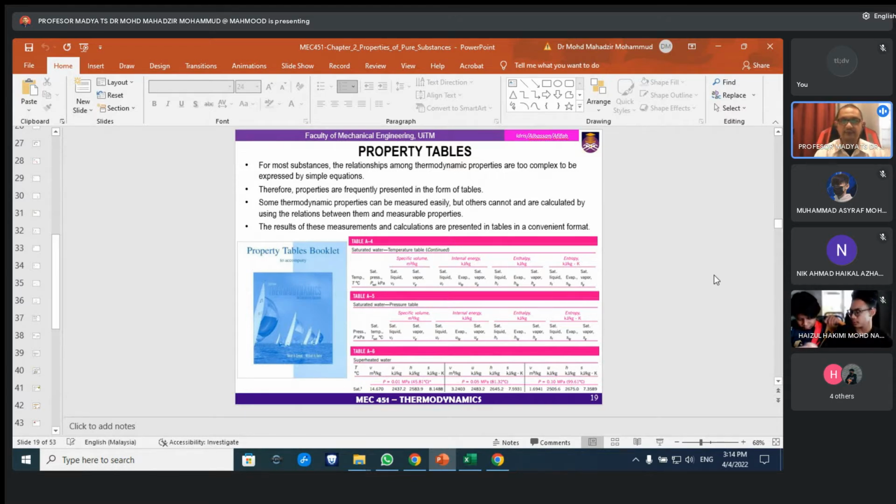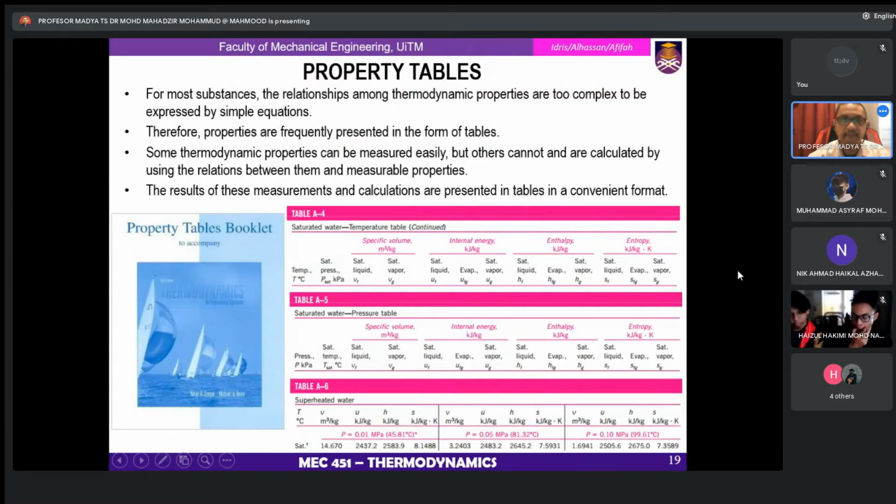Okay, let's see what the properties table means. For most substances, the relationships among thermodynamic properties are too complex to be expressed by simple equations.